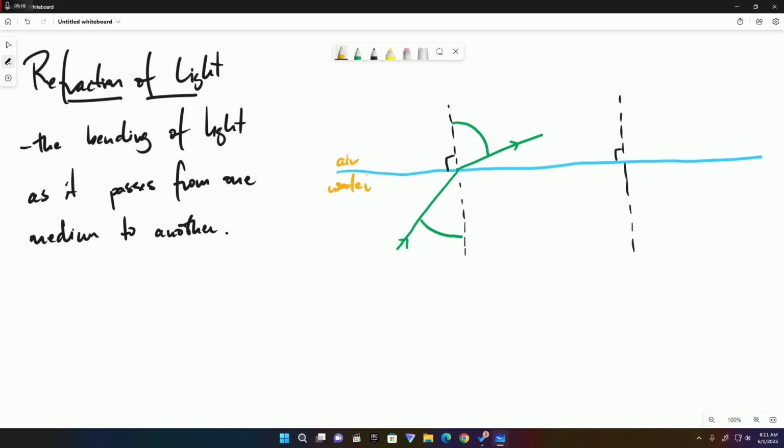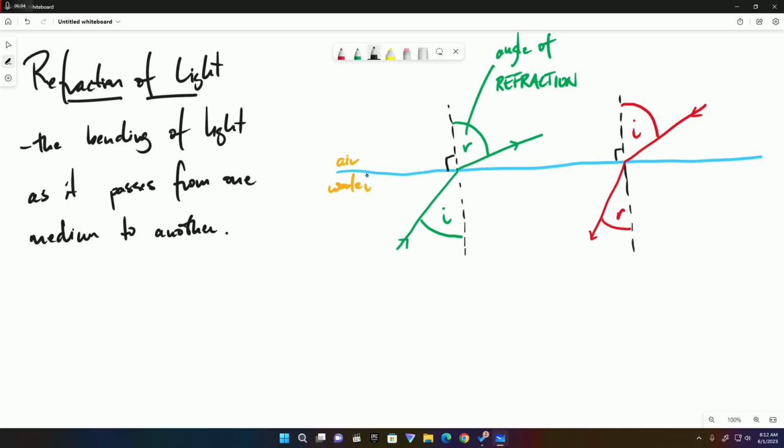And we could have another ray of light doing the opposite, traveling from air to water. Now, do note that this is your angle of incidence, and this is your angle of refraction. Not reflection, refraction.